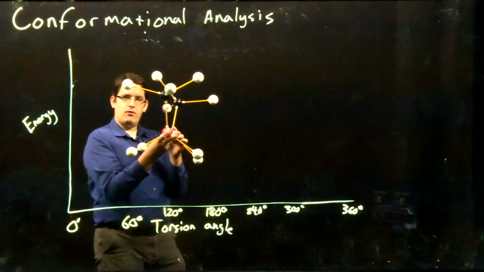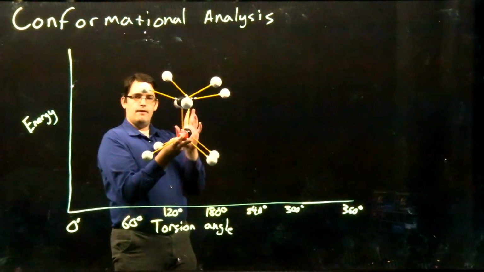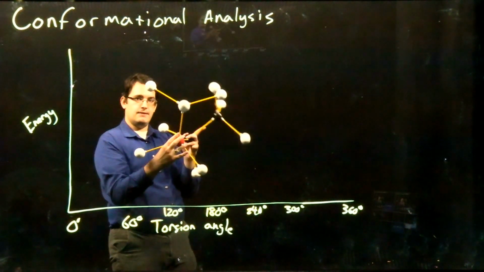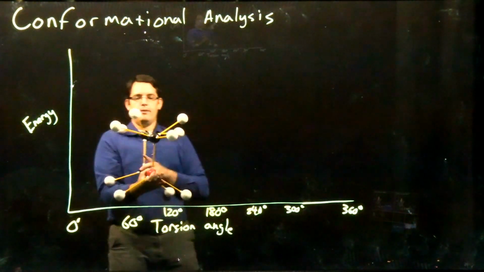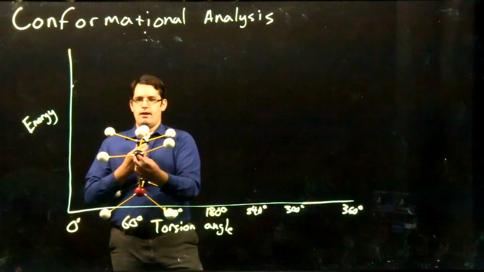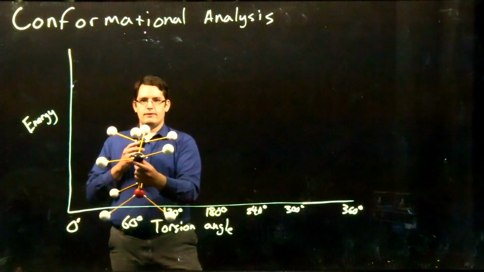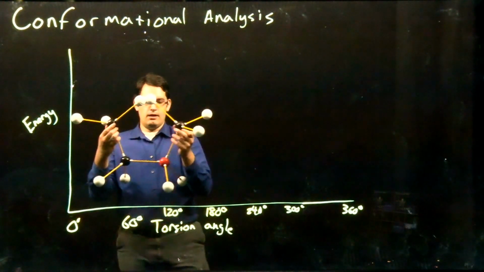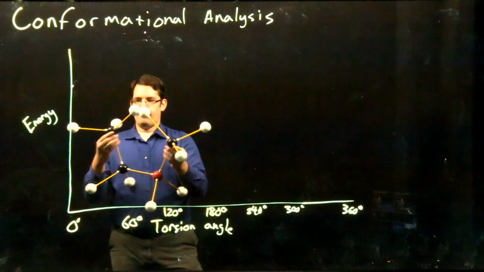However, whereas before we were just talking about the electrons in our bonds and wanting to maximize the distance between our bonds, here we also have these two methyl groups. And you'll notice these methyl groups are actually quite close together, so close that we can actually end up touching our hydrogens together.